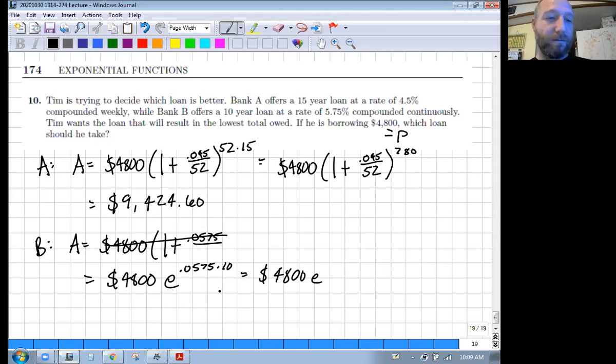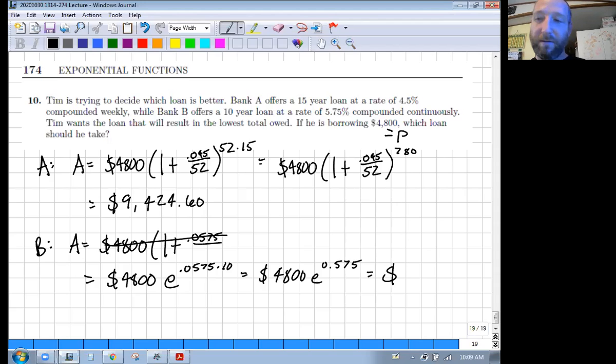So that exponent, 0.0575 times 10, is of course 0.575. So I do e to the that, and now multiply by 4,800.